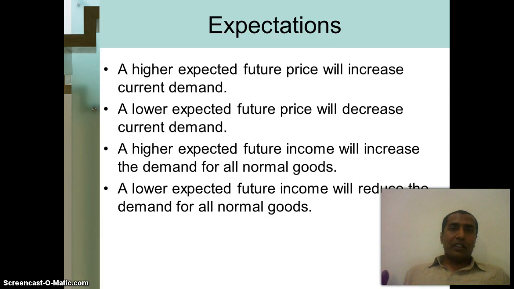You will not buy it today. So it means that your expectations about the future have affected demand today. A higher expected future price will increase current demand, and a lower expected future price will decrease current demand.